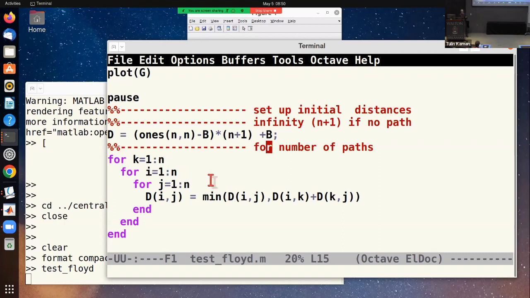think of matrix products, where the matrix A times B is the sum of the columns of A times the rows of B. So that's the K loop. The Kth column of A times the Kth row of B. You add all of those rank 1 matrices and you get the product AB.